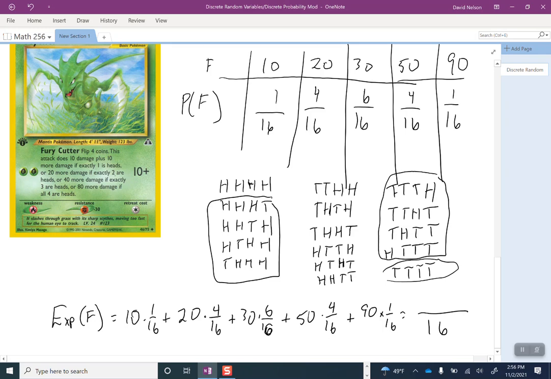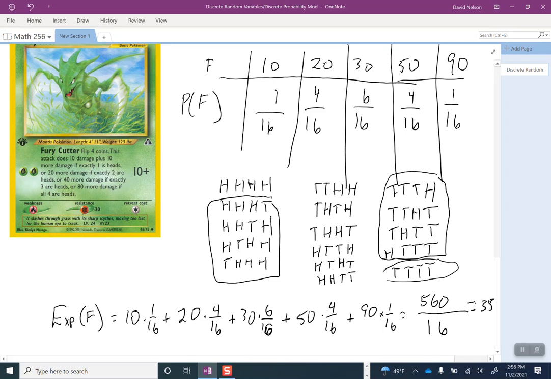And then 5 times 40 is 200 sixteenths, and then a 90. And I get 560 over 16. So if I divide that out, I get 35.